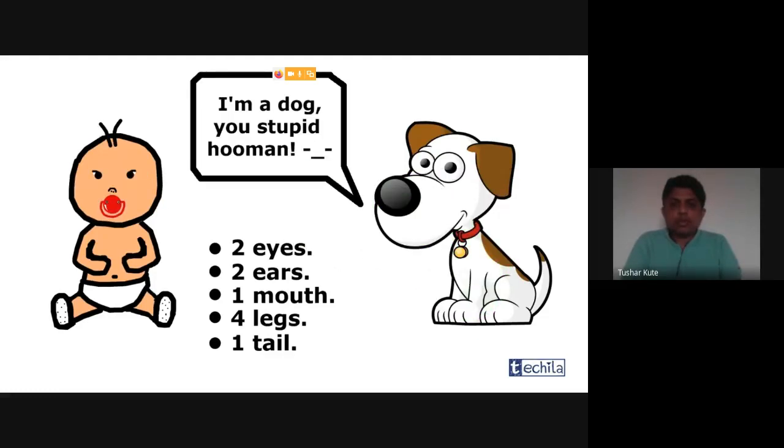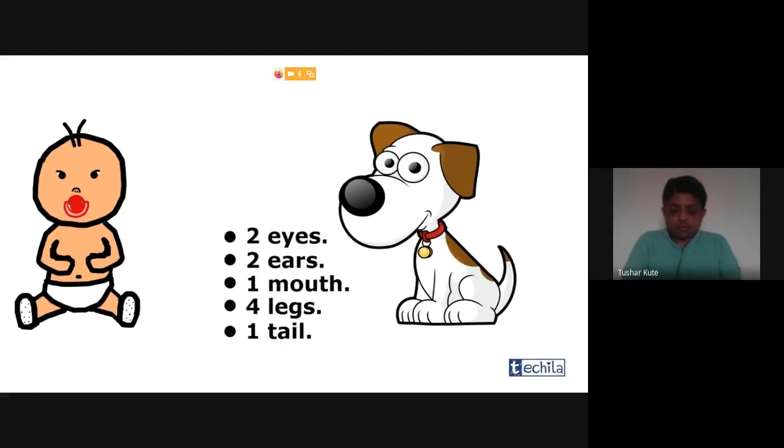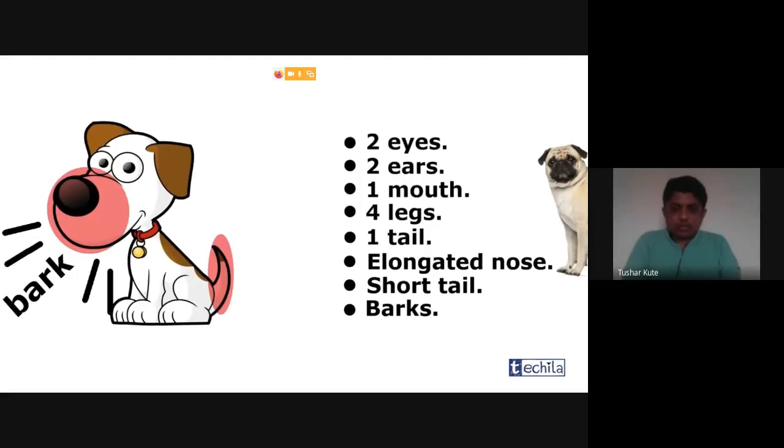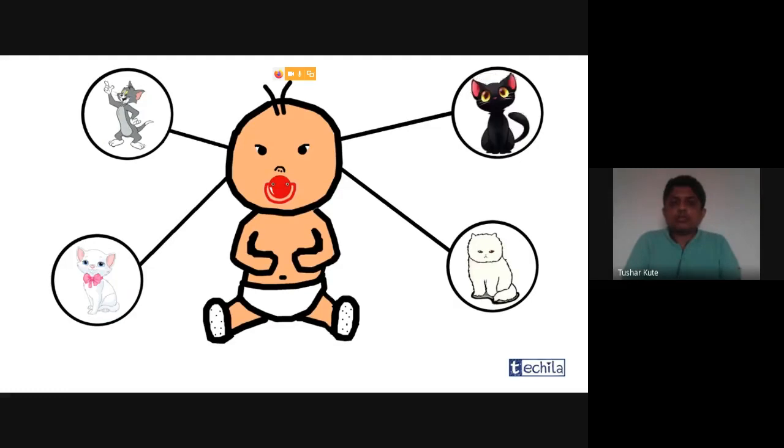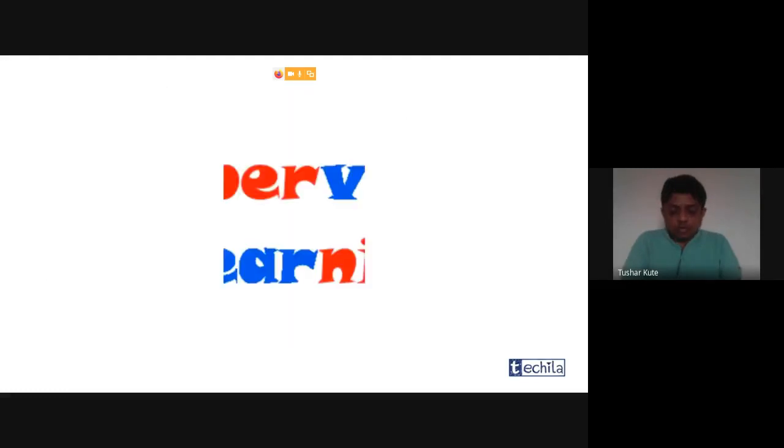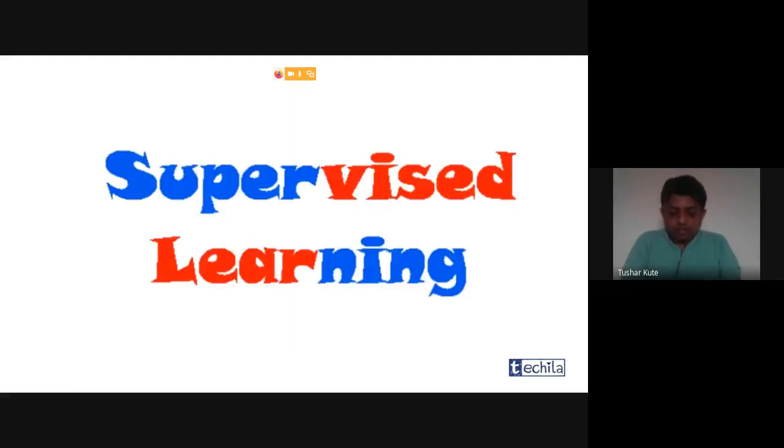Now, on correcting him, the baby's mind will extract some extra information from the dog to distinctly identify the dog from a cat. This process takes time and needs the baby to see different dogs and cats multiple times. This is what we call supervised learning. And this is how we learn to distinguish between this, and this.